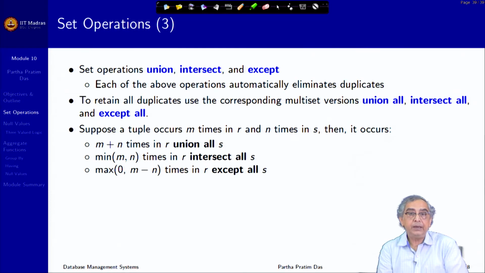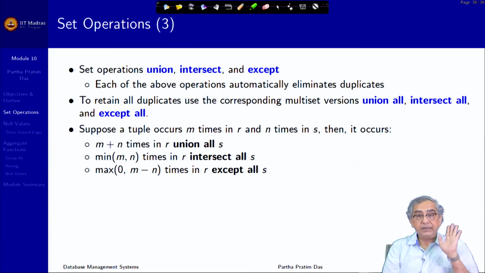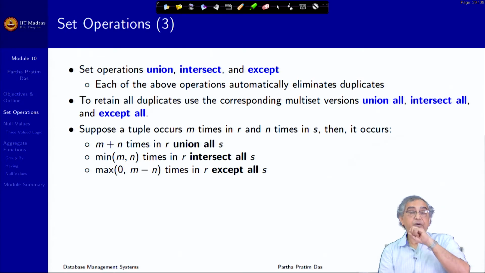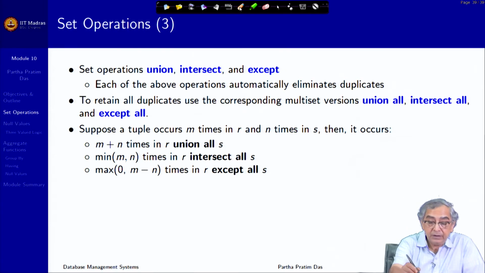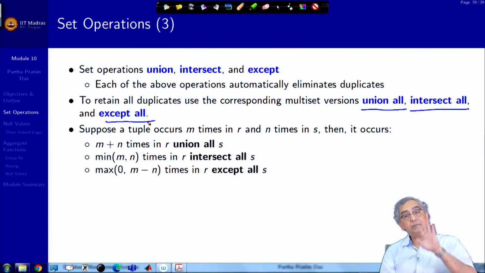Now, certainly set operations, as the name suggests, are set, not multiset. So, it treats every relation as a set, which means that when you do union, intersect or except, the result is unique. It is a no duplicate result, unlike the normal relations in SQL. In contrast, if you want the duplicates to be retained, then you will have to use union all, intersect all or except all, and then all duplicates will also be retained.